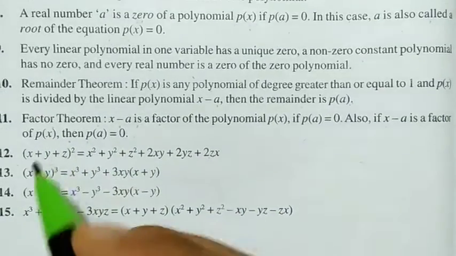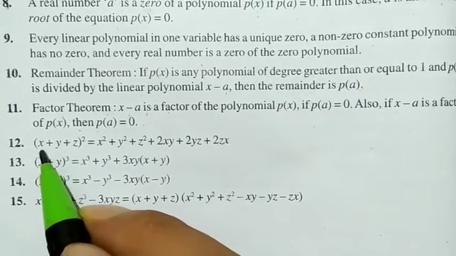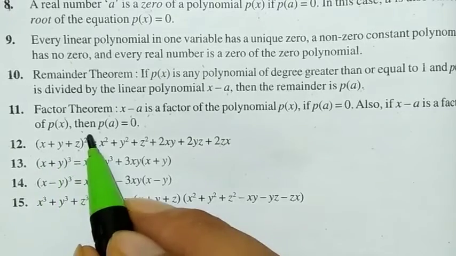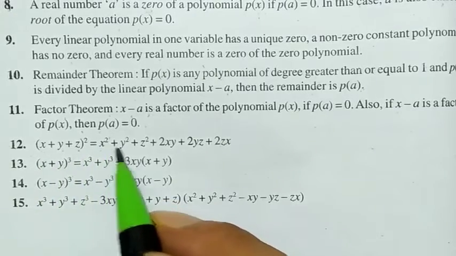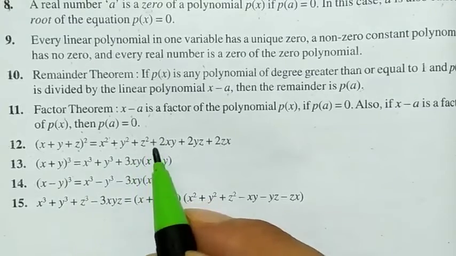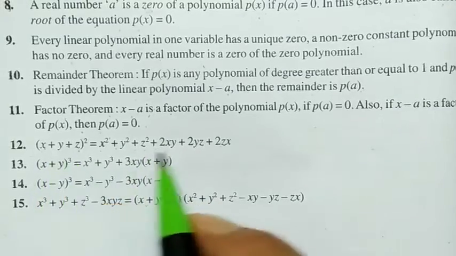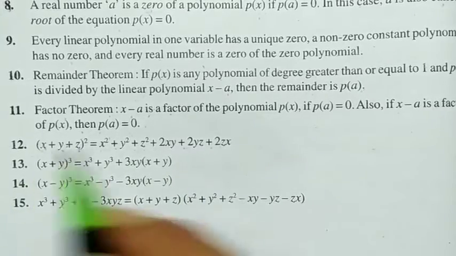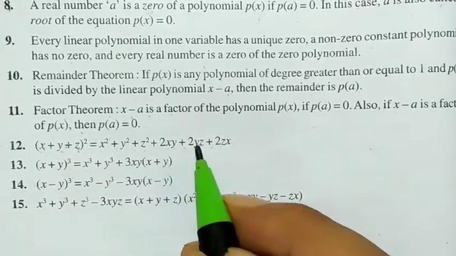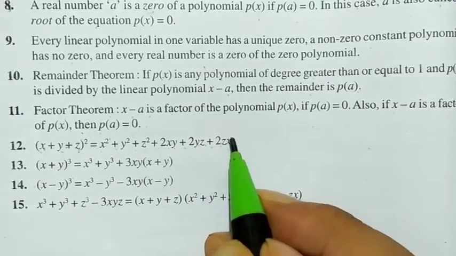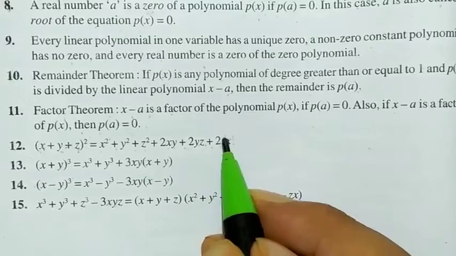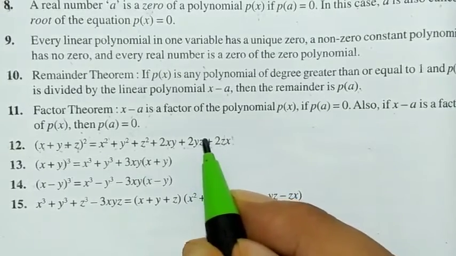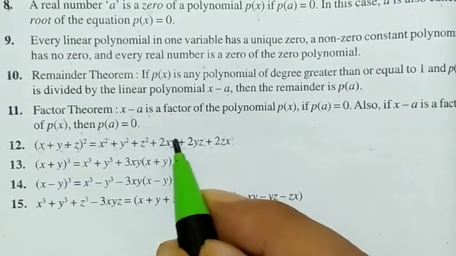Now very important identities for that. (x + y + z) whole square is x square plus y square plus z square plus 2xy plus 2yz plus 2zx. Here in xy, yz, zx the total power is also 2: x power 1, y power 1, so 1 plus 1 is 2.